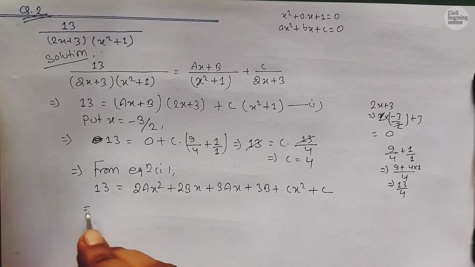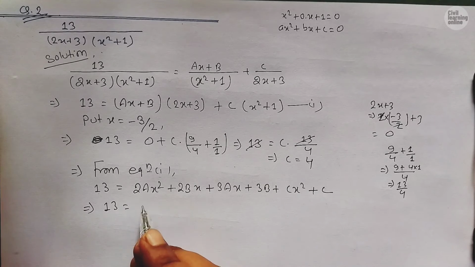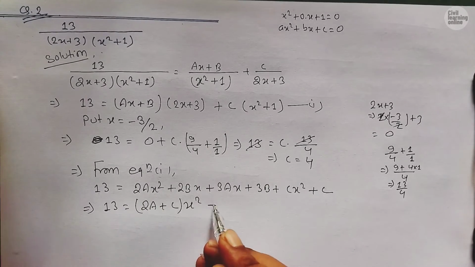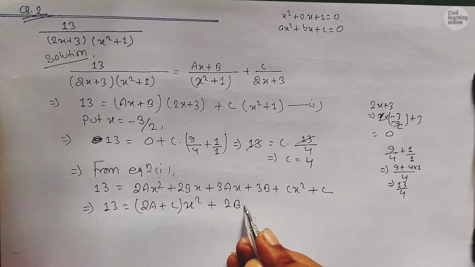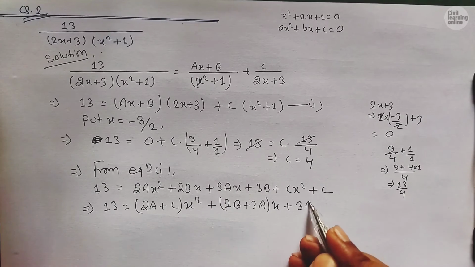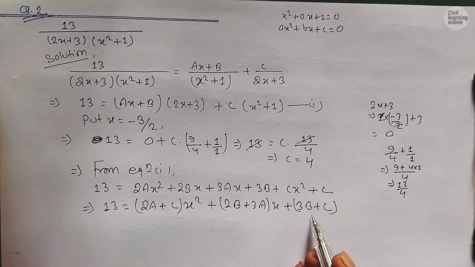Now we will take the commons here. So taking x square common, we will have 2a plus c times x square plus, take x common, so we will have here 2b plus 3a times x plus 3b plus c. Now we need to equate on both sides.